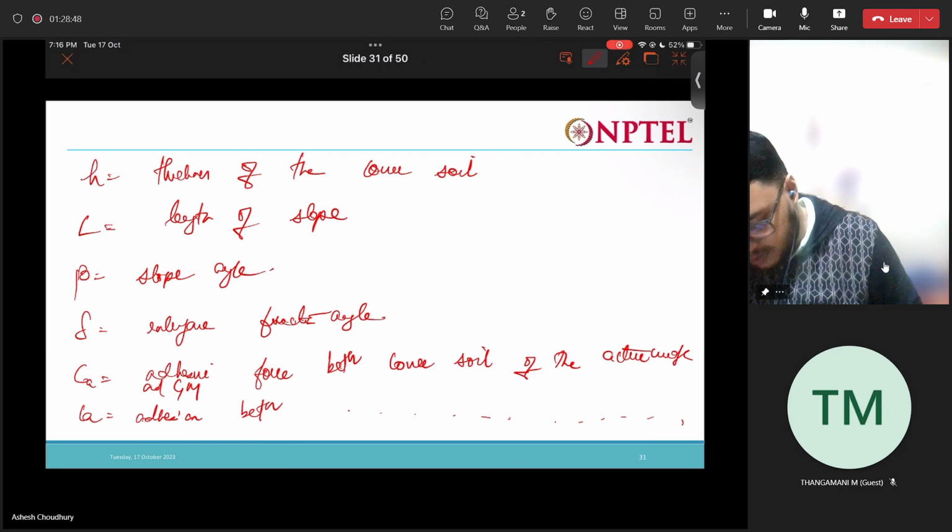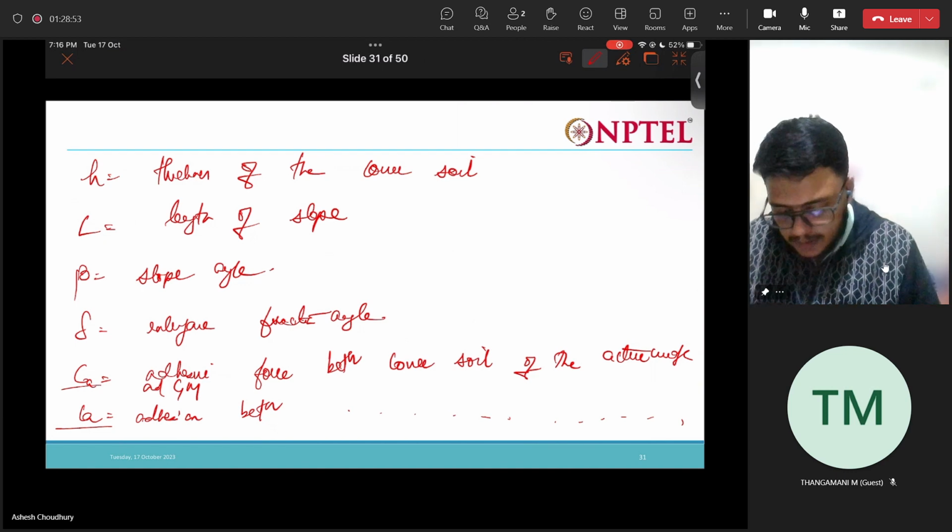Okay, this is the adhesive force, this is the adhesion.